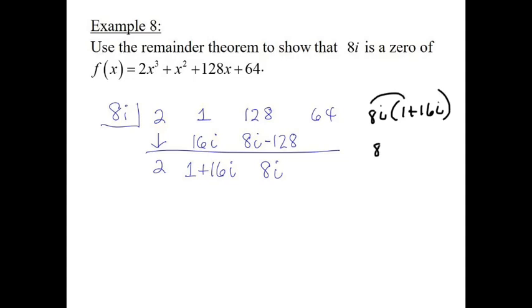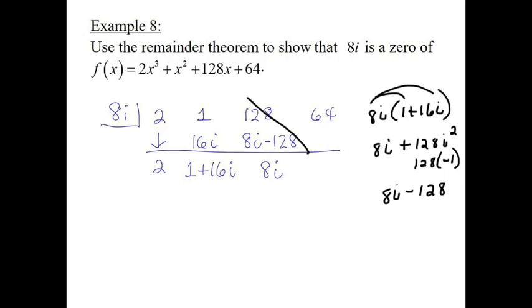Distribute, and you get 8i plus 16 times 8 is 128 i squared. And remember, every i squared changes to a -1. So you end up with 8i minus 128. Then you add the 128, and that cancels there. And you're just left with 8i.